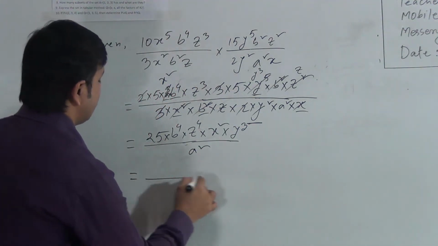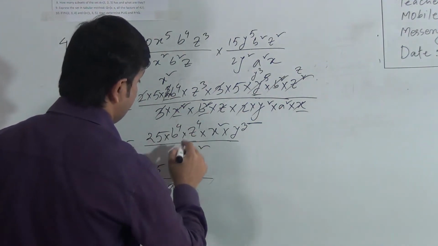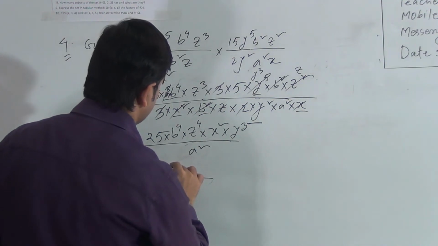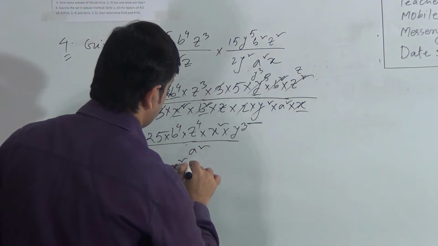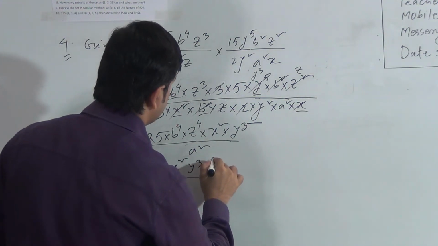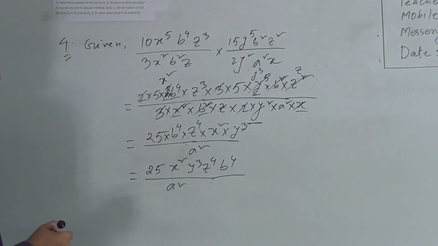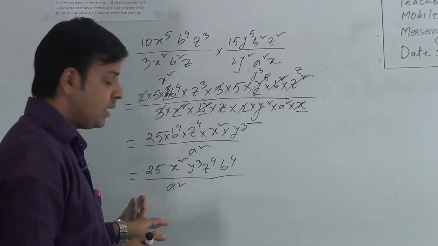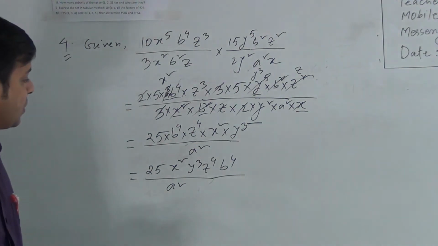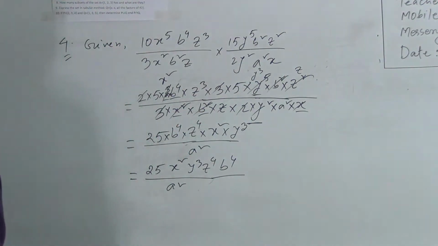So the answer is 25 x square y cube z to the power 4 b to the power 4 by a square. Okay, dear students, I have solved question 4. Now I will solve question 5.